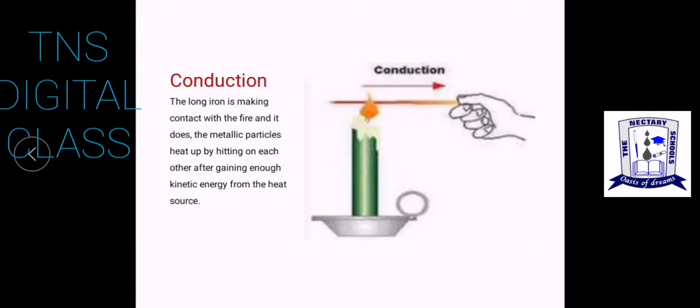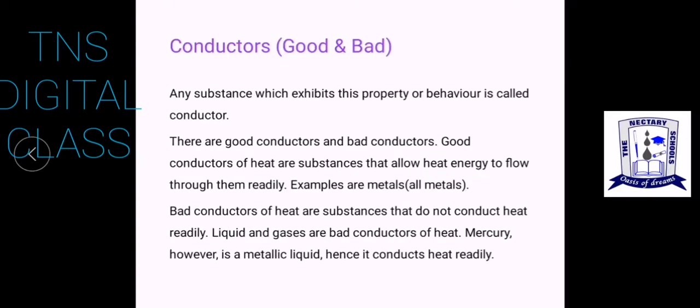This causes these particles to generate heat among themselves, and this heat flows from the part that is making contact with the fire to the other part of the iron material. So that is conduction, one of the ways or processes by which heat energy or thermal energy flows from one part to another.